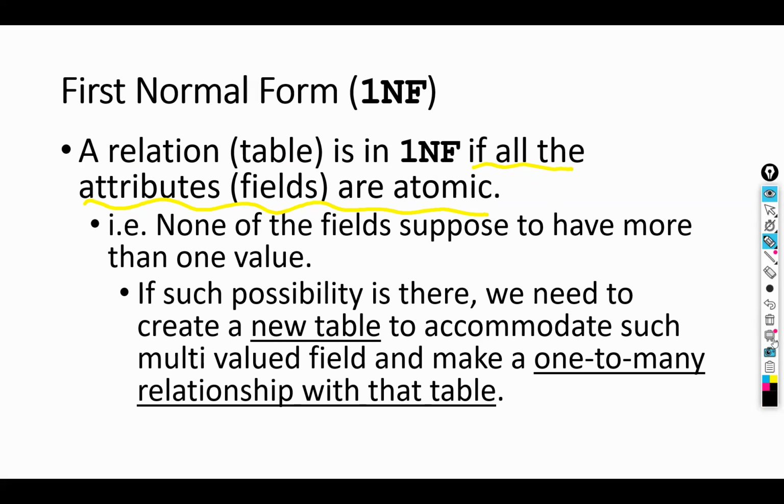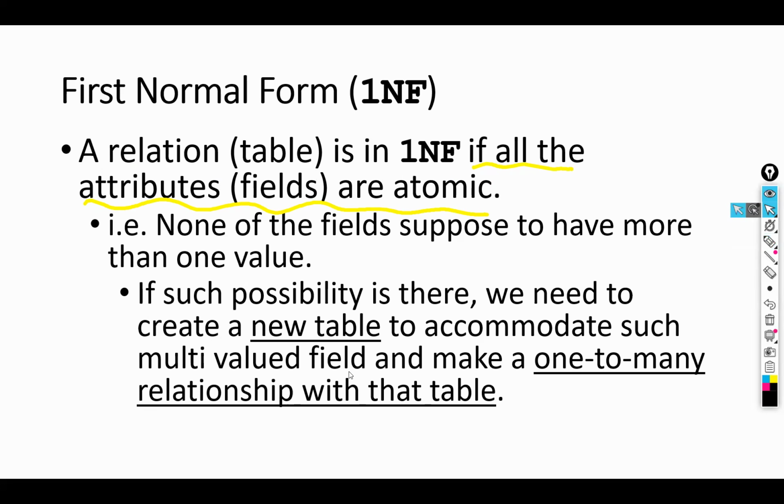If all the fields are atomic in your relation, then we say it's in first normal form. If at least one field is not atomic, we need to restructure the tables so that all the fields are atomic. Then we can say this particular relation or table is in first normal form. It's a super simple concept.